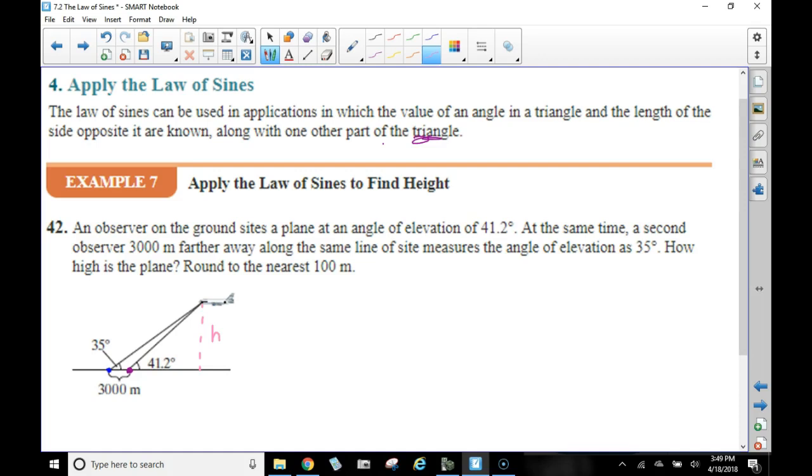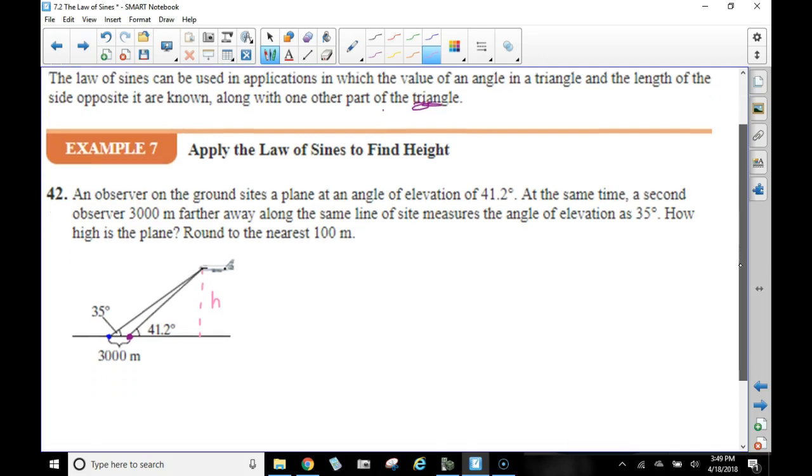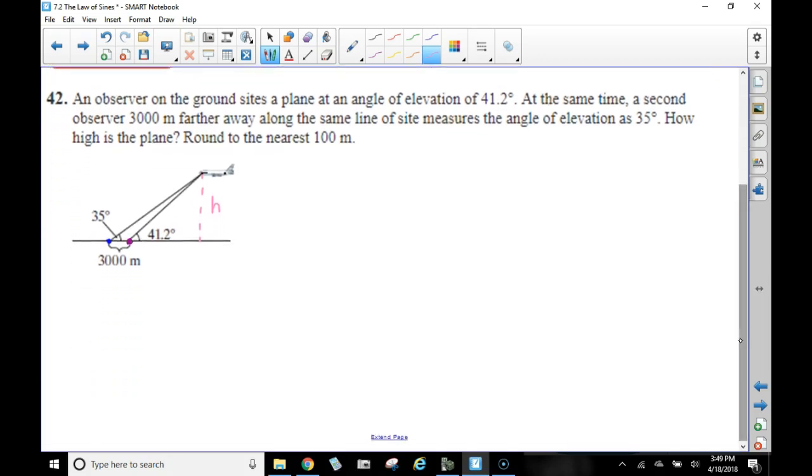Now, in the right triangle that we just formed, let me copy it right down below here. In the right triangle, really all we know is that this angle inside here is 41.2 degrees. We are trying to find the height. Well, we don't have enough information.